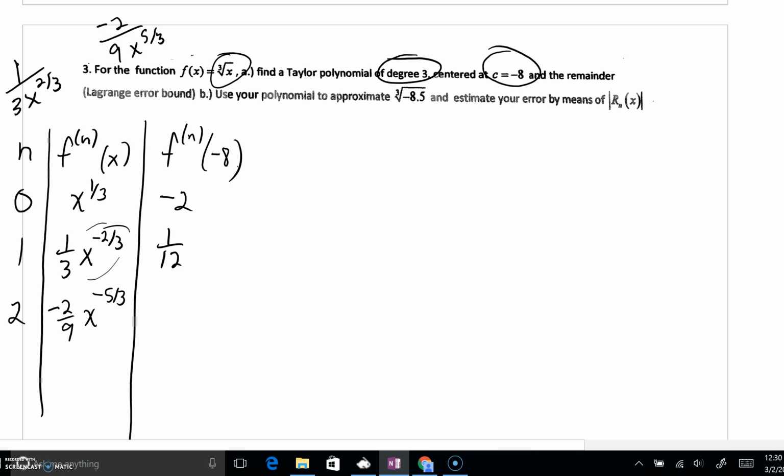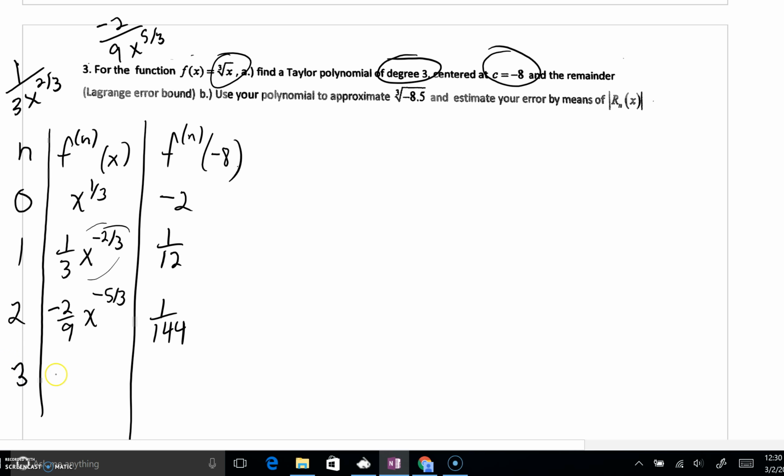We already know the cube root of -8 is -2, but -2 to the 5th power, you'd get -32, and you can cancel out that -2 up on top. You get 1/16. 1/16 times 1/9 would be 1/144. Could work that out pretty quickly.